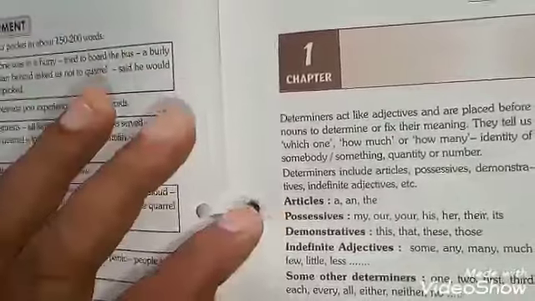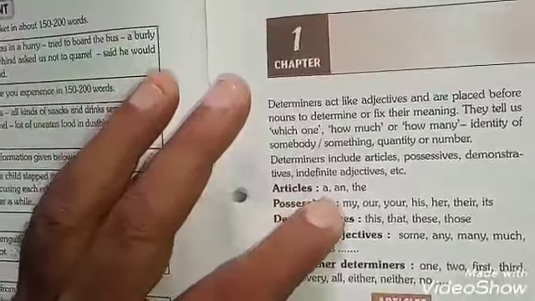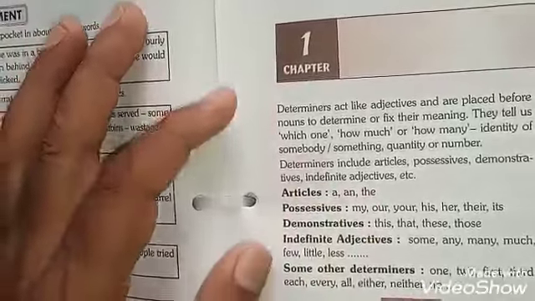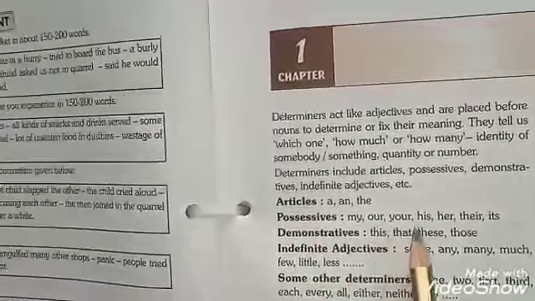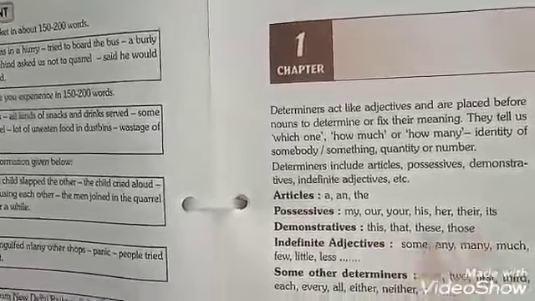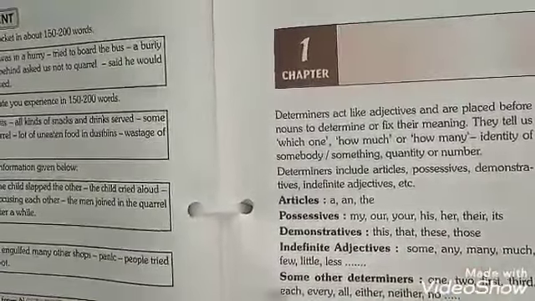First, a major portion is covered by articles: a, an, and the. Second is possessives: my, our, your, his, her, their, its. Demonstratives: this, that, these and those.